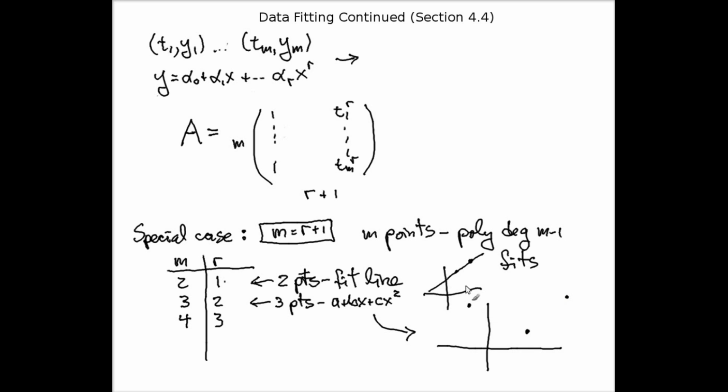If you're given any 3 points, you can find a parabola which goes through them, and so on and so forth. So in the special case when m is equal to r plus 1, then you can fit exactly, which is to say the error is 0, and you can solve the equation exactly.